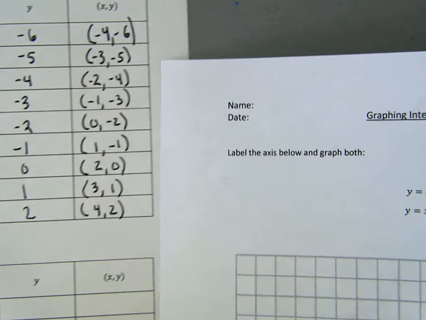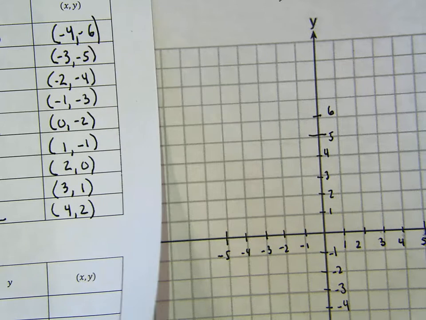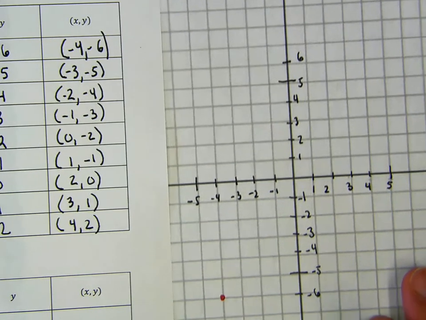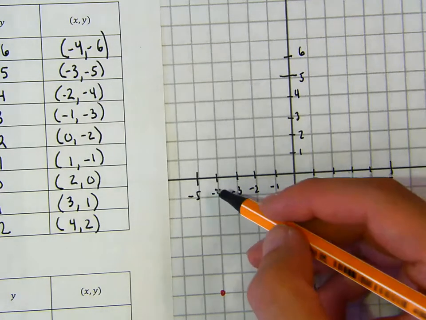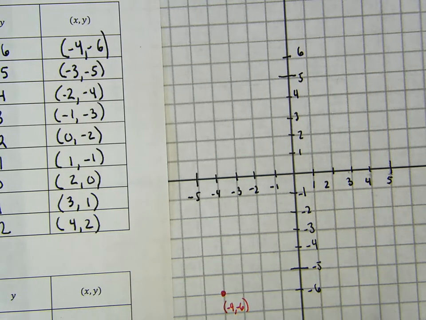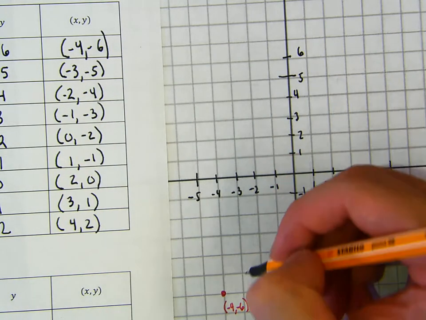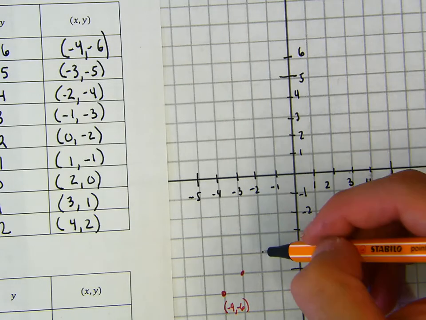These are the points I created. Now, where would I actually go to graph these points? The first point, -4, -6 is right here, and if you want, you could just show it tiny. What's the next one? -3, -5 is where? -2, -4 is here.